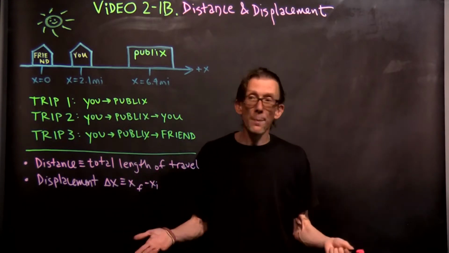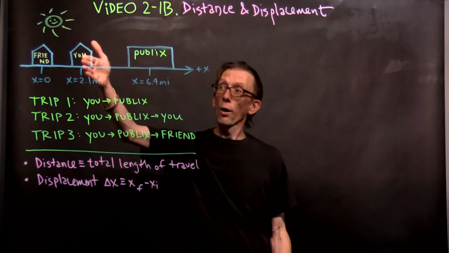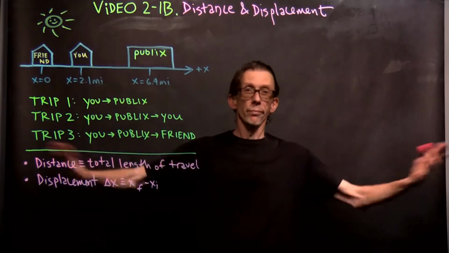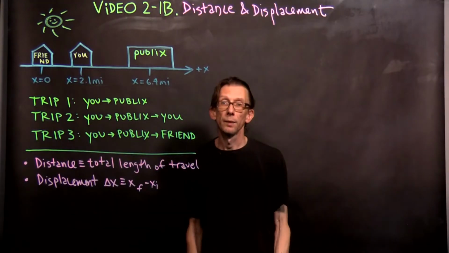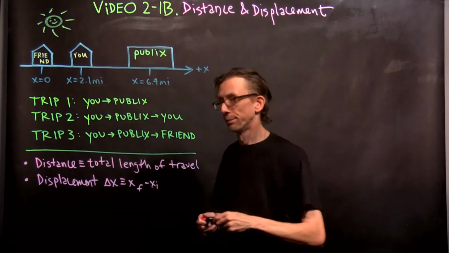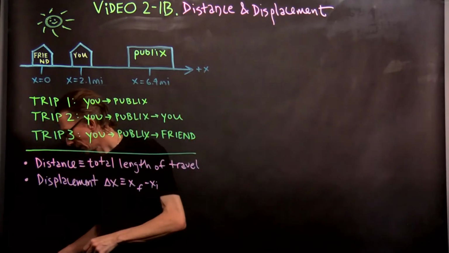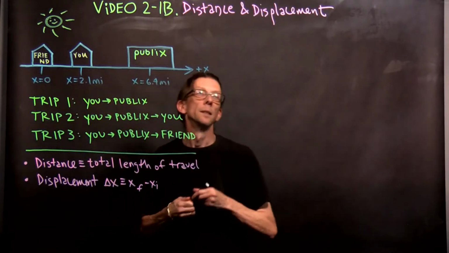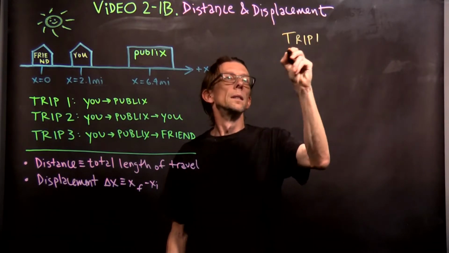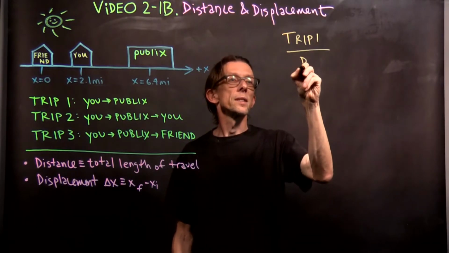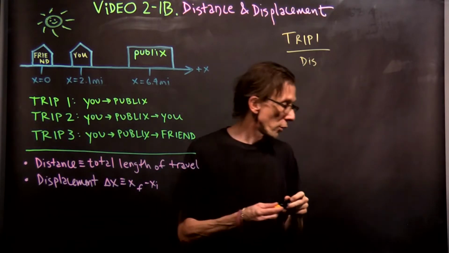Trip number 1 is very simple. You get in your car and you drive to Publix. That's it. Super easy. Okay, so trip 1. Distance. Actually, I'm going to move this over just a little bit.